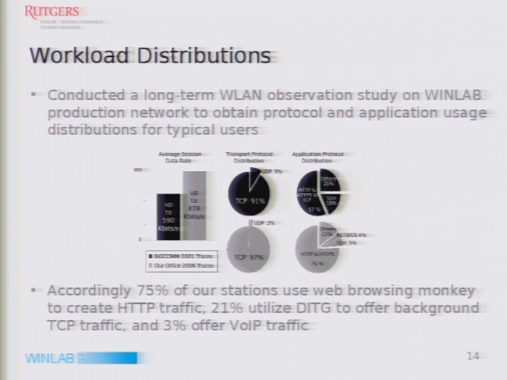We also compared to other studies, and it's in agreement. From that, we looked at, for example, the transport protocol. It turns out that 97% of the traffic generated by the students here is carried over TCP, and 75% of that TCP is web browsing traffic. Those percentages we drew from a week-long trace that we captured from the lab's access point.